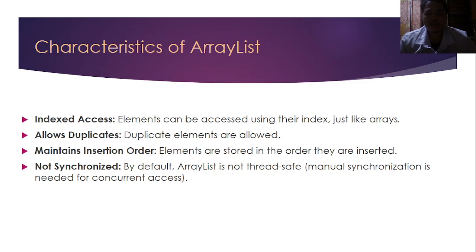Duplicate elements are allowed. Then it maintains insertion order. Elements are stored in the order that they are inserted. And by default, ArrayList is not thread safe, meaning it cannot synchronize on any concurrent access.